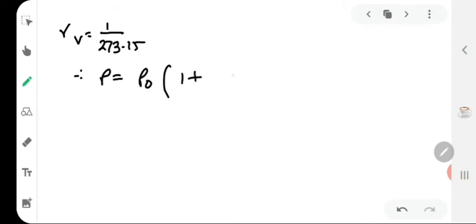Now again, it has been experimentally found that gamma V is equal to 1 by 273.15. So therefore we can write down P equal to P0 times (1 plus 1 by 273.15 times theta).